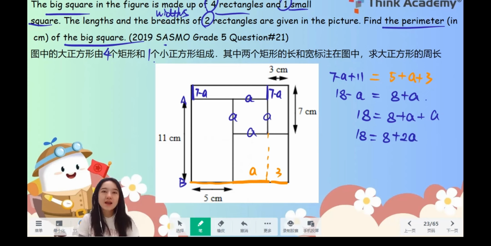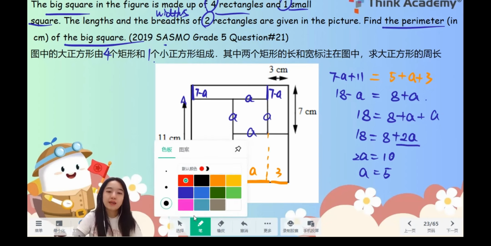I didn't write times here. That's because when we multiply a number by a letter, normally we omit the times symbol, because times looks too similar to the letter x. And then we can consider the latter part as the whole thing. So 2a is equal to 18 minus 8. It is 10. If 2 times a equals 10, a should be 5.